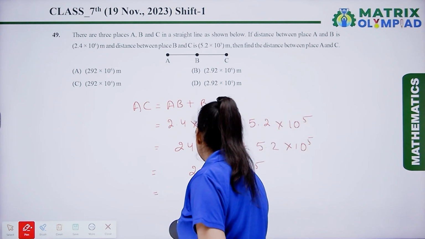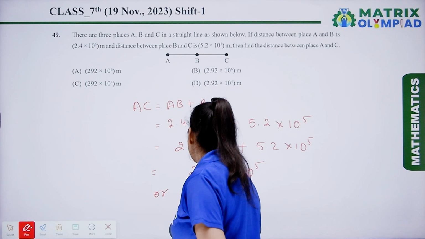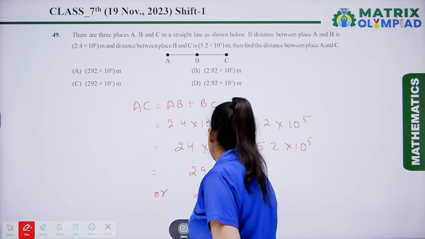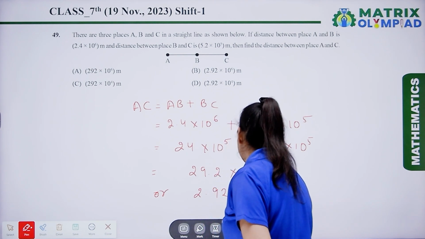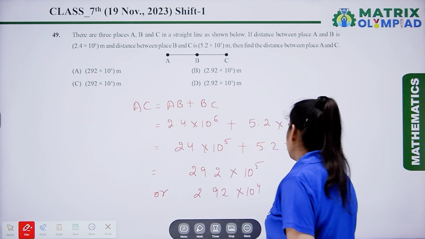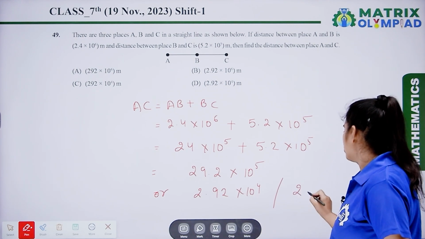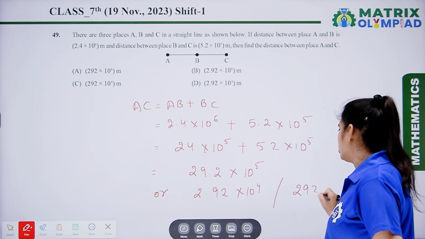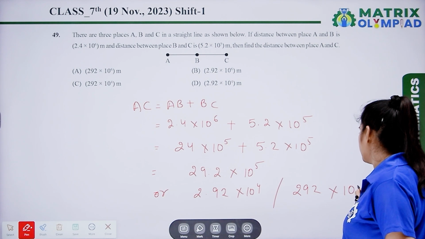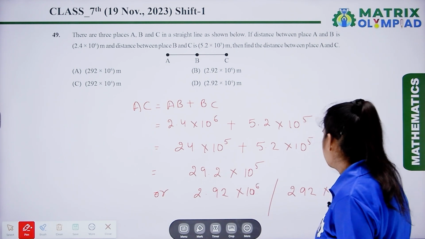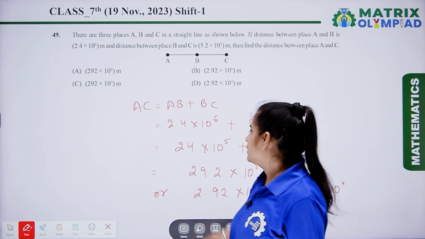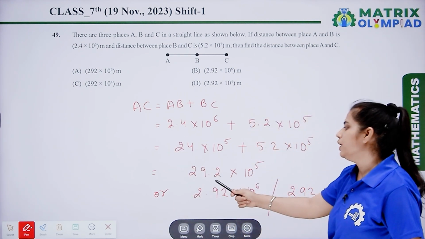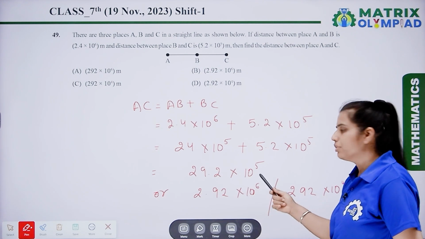And another way is also there to write it down, that is 2.92 multiplied by 10 to the power 6. And the next one is 292 multiplied by 10 to the power 4. So here we can write down the distance between A and C in three ways, that is 29.2 multiplied by 10 to the power 5.